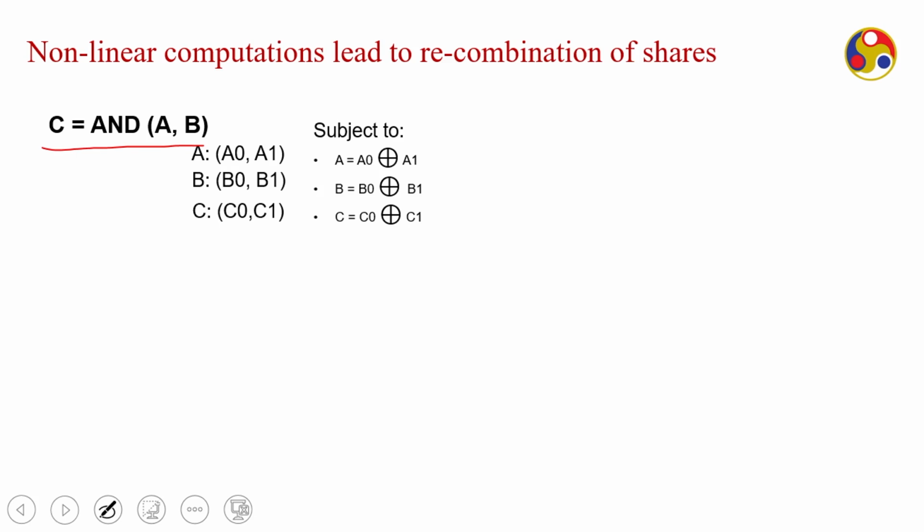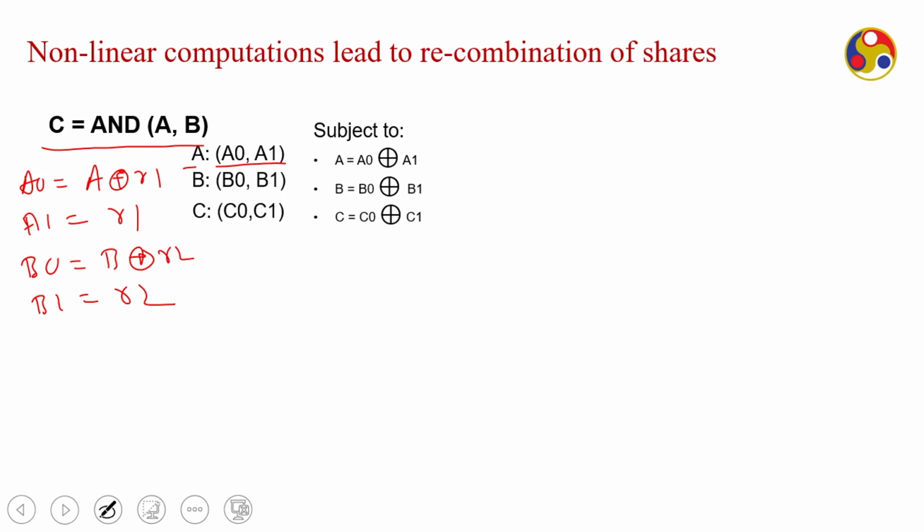Now, I break A into 2 shares A0 and A1, where A0 is A XOR R1 and A1 is R1, B0 is again the same way, B XOR some R2 and B1 is R2, and C0, C1 similarly. There will be 2 outputs now instead of 1 output, because I have 2 shares, it is kind of duplicating your circuit, right.